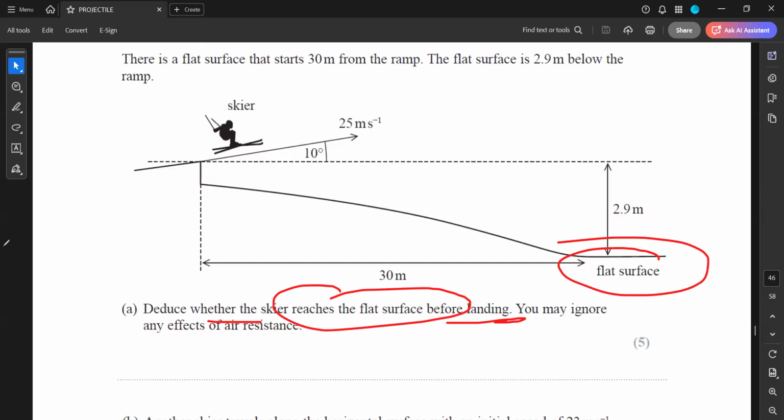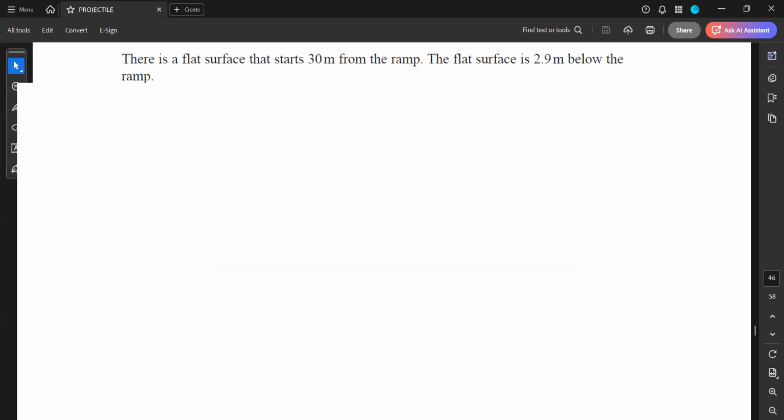What is the trajectory he is following? At 30 meters, he will be 0.9 meter above the flat surface. Okay, I got it.